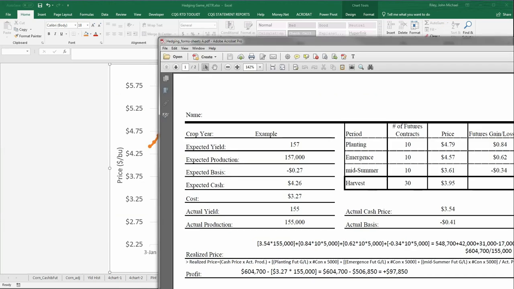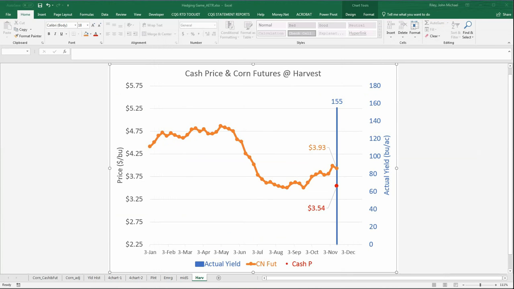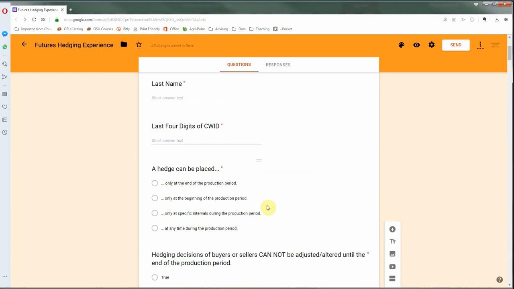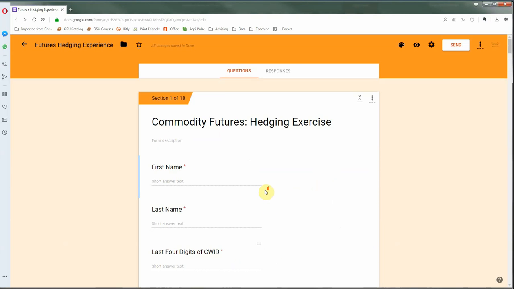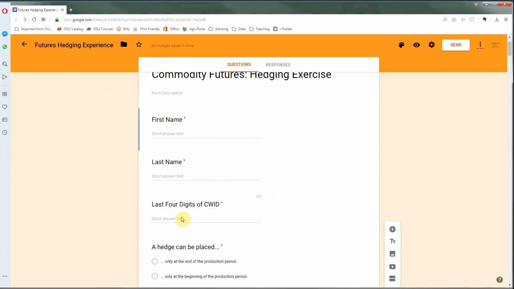I have since moved to an online form, a Google form, which a student would progress through to give the information. At the very beginning of the class period, I have the students provide their name and the last 4 digits of their student number.